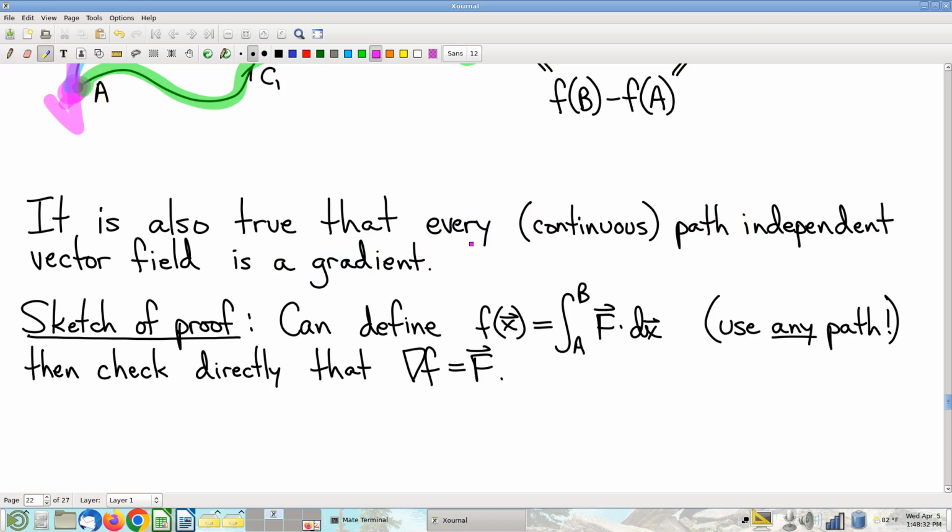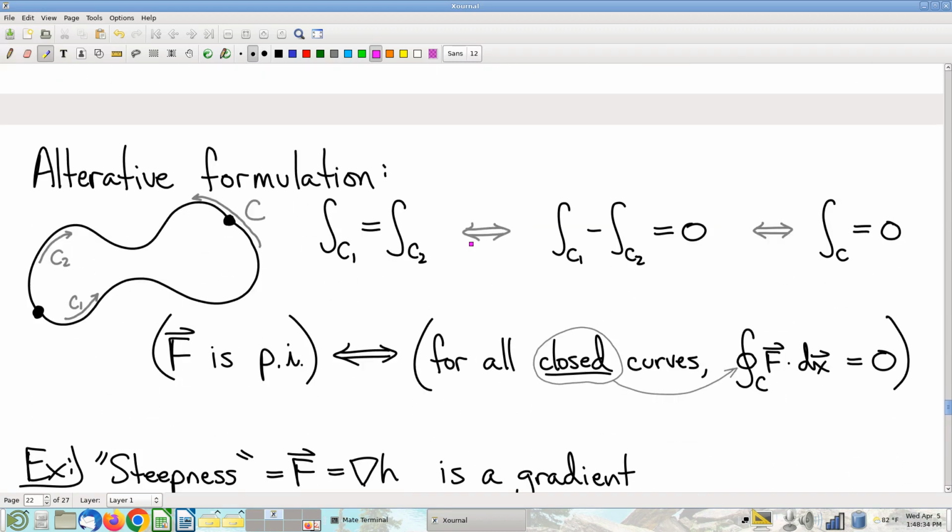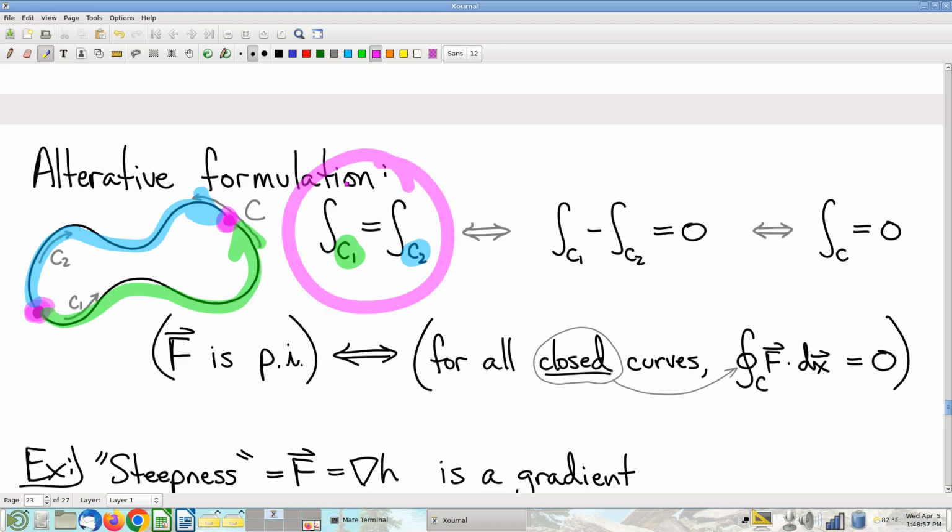Okay. Now, here's a different way to say it. Seemingly, this is not going to be that big of a deal, but it turns out to be useful sometimes. So here's our shared starting point, shared ending point, curve 1, curve 2, right? And path independence means that I need for these two line integrals to be the same.